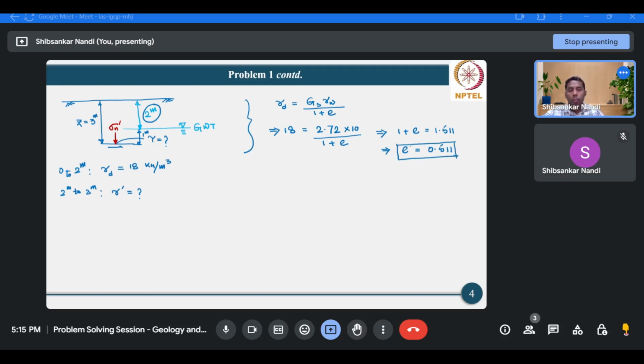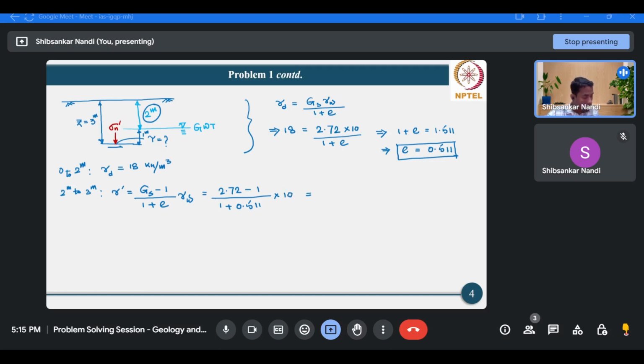Now we have calculated the void ratio value to calculate the submerged unit weight, because we know the submerged unit weight is Gs minus 1 divided by 1 plus e times gamma w. So again it's 2.72 minus 1 divided by 1 plus 0.511 into 10.